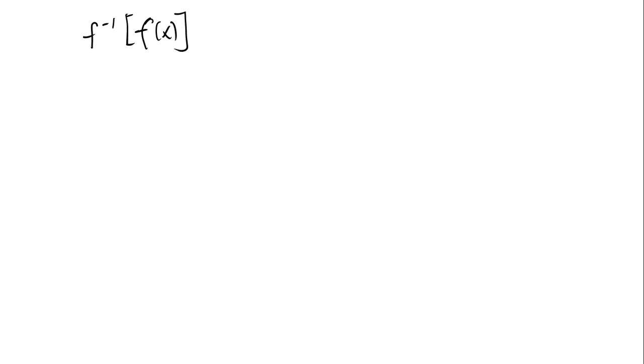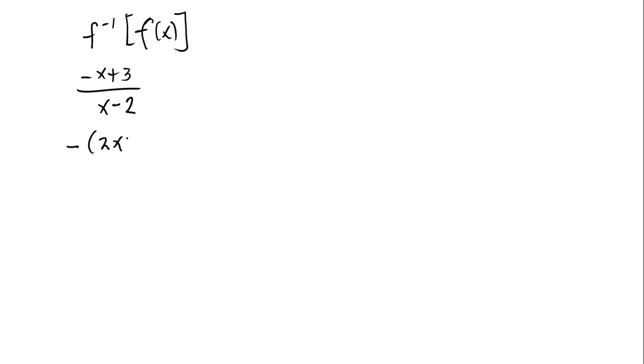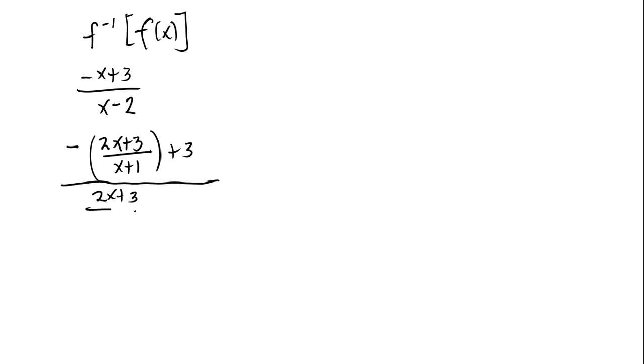Okay? So, kunin natin yung nakuha niyong inverse. We have negative x plus 3 all over by x minus 2. Ayan. So, lahat ng nakuha ninyo nakita ninyong x sa given po ninyo, papalitan nyo ng f. Anong f natin? 2x plus 3 over x plus 1, okay, plus 3, all over by 2x plus 3 over x plus 1 minus 2.